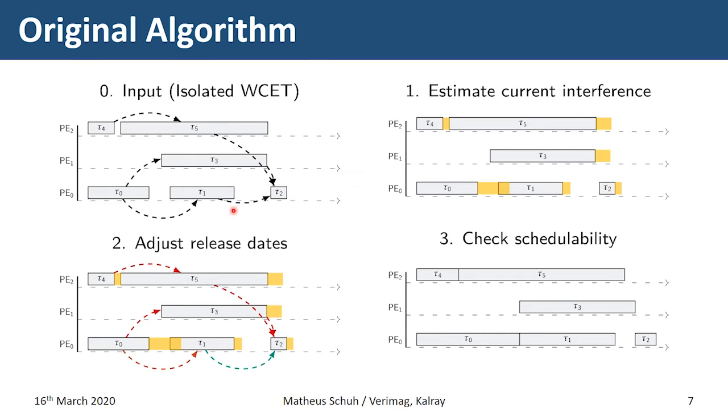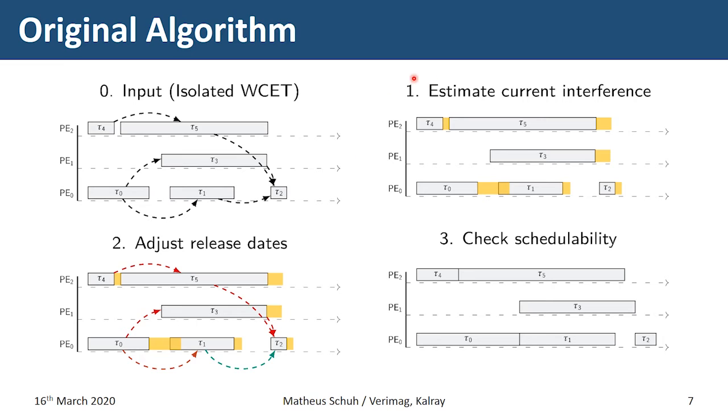So here we have an overview of how this algorithm works. It takes the inputs that we've mentioned in the first slides: the task set, their dependencies, and ordering mapping onto the cores. Then it goes to steps 1 and 2. In step 1, it estimates the current interference with an initial set of release dates, and in step 2, it adjusts the release dates of the tasks so they do not overlap and they still respect the dependencies.